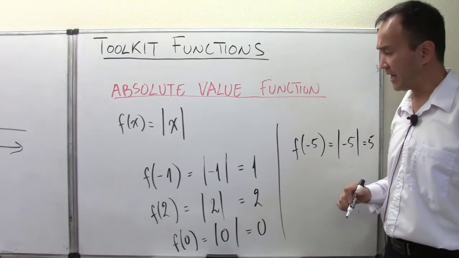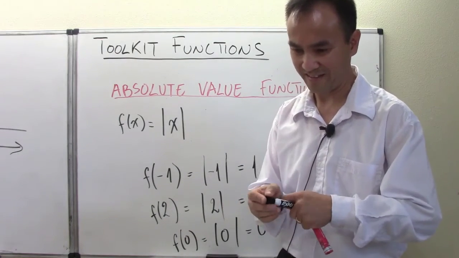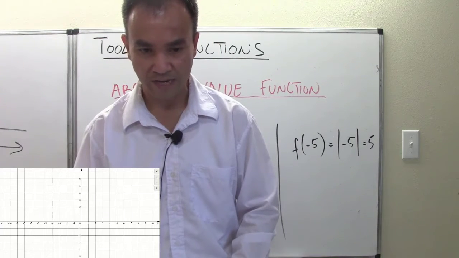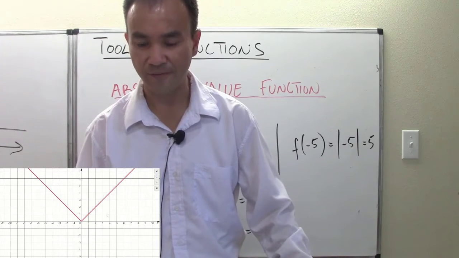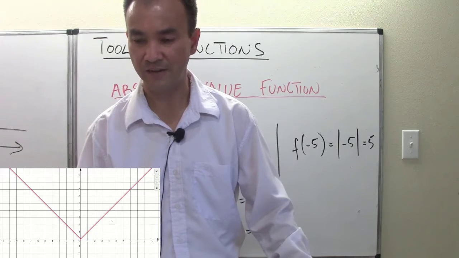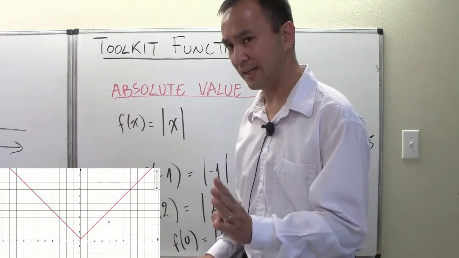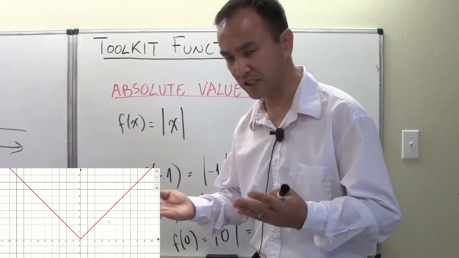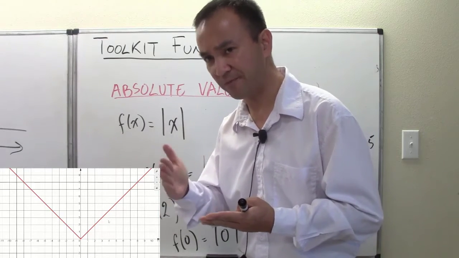All right, and so now in that way, here's the graph. With our empty graphing space right here, this is the graph for the absolute value function. So why does the graph look like that? Of course, I will have supplementary video clips explaining in more detail the steps of how it came out like this.